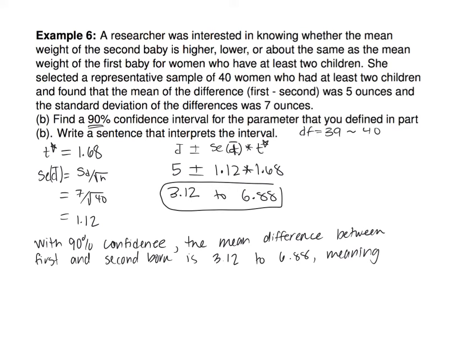To be a little bit more specific, meaning who is bigger, the first child is on average 3.12 to 6.88 ounces heavier.